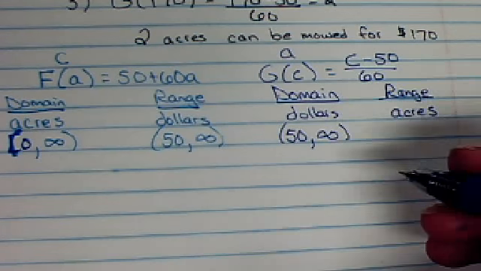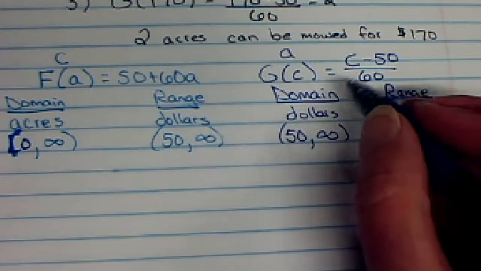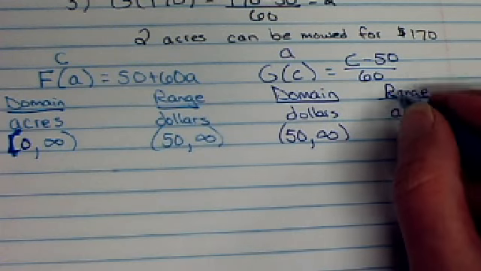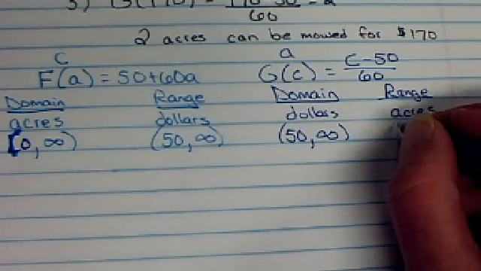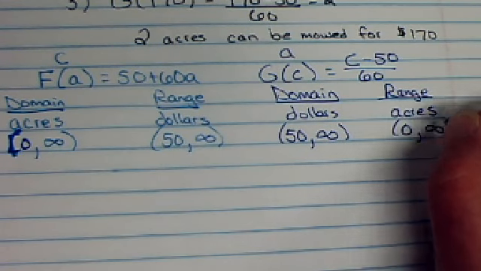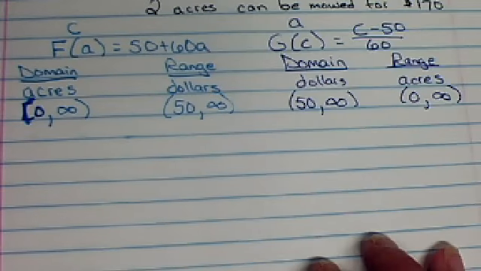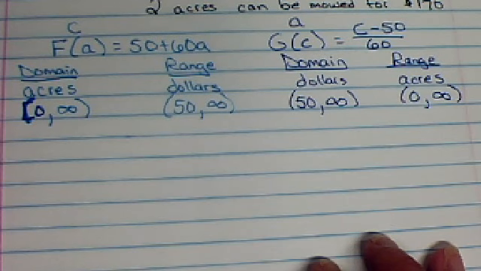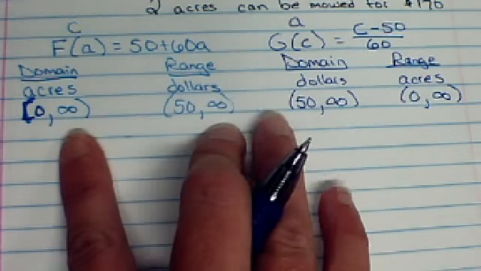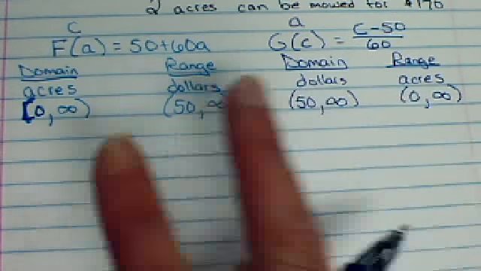No. Now, if I did plug in 50, 50 minus 50 is 0. 0 divided by anything is 0. What has happened with my domain and range? The domain and range literally switch.